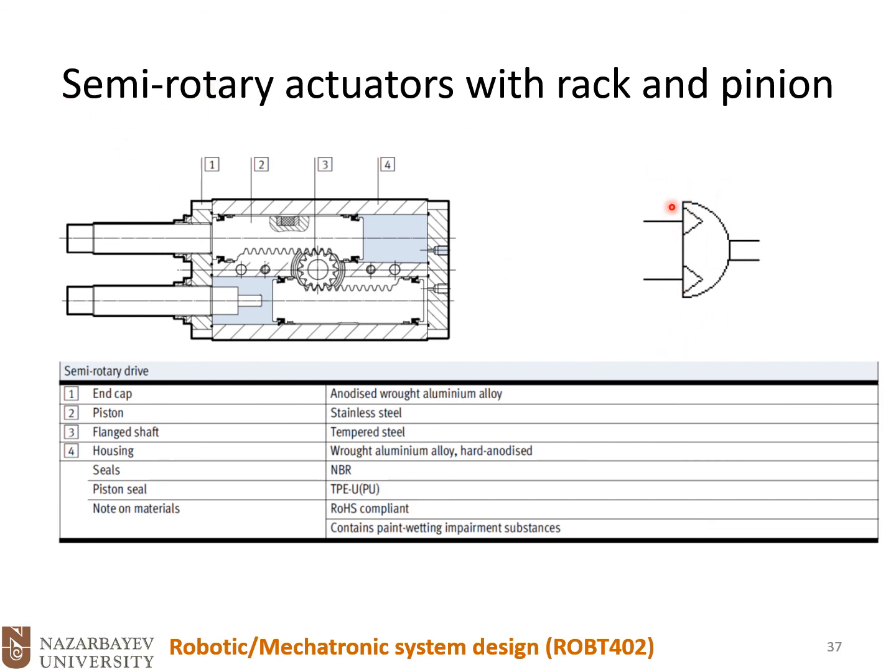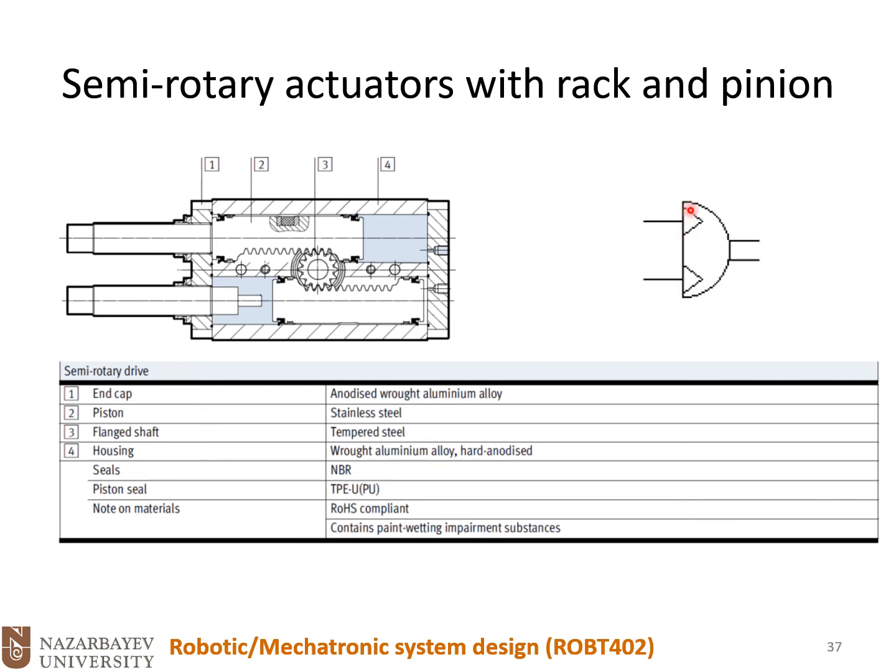The range of motion is limited. It's not a full circular motion. And we have these triangles at each port that show that these ports could be pressurized. So it means that we could either move clockwise or counterclockwise based on the pressure of each chamber.